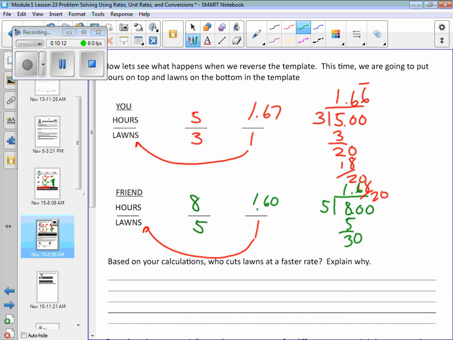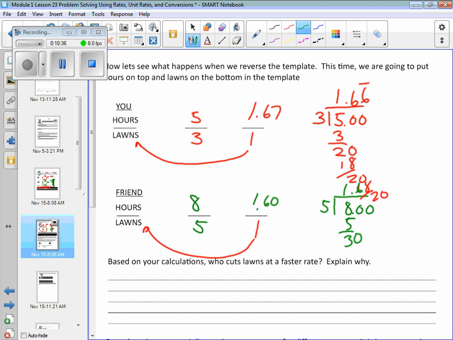What's less time, 1.67 hours or 1.60? Therefore, same thing, which is what we should get. The friend is more efficient, but for a different reason, because the friend can now mow that one lawn in less time than you. Does that make sense?